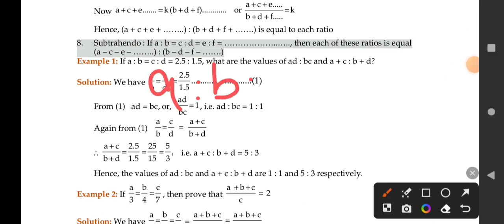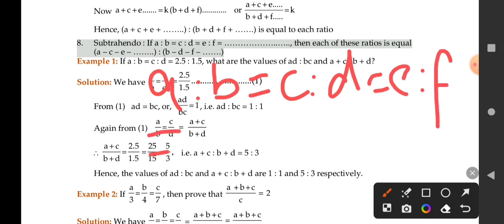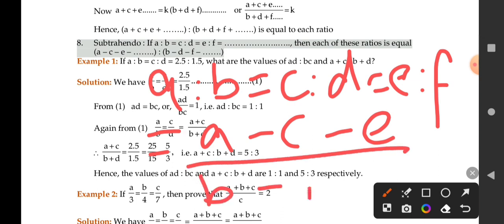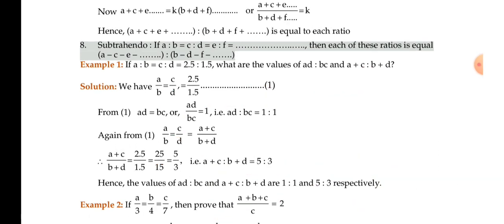A is to B is C is to D is E is to F is equals to A minus C minus E divided by B minus D minus F.